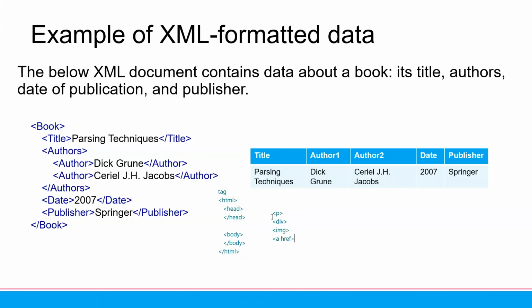But what about XML? In XML, you also need to have the tag, but the tag is free. It means you can design your own tag. Let's say I know that this is a book. So you will create book, and you will use the triangle brackets.